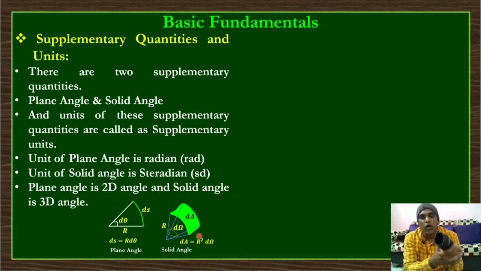And this angle forms a surface here. Or you take one sphere, and take one surface on that sphere and join all the points of that surface to the center. So it will form a cone like structure like this. So this is called solid angle.